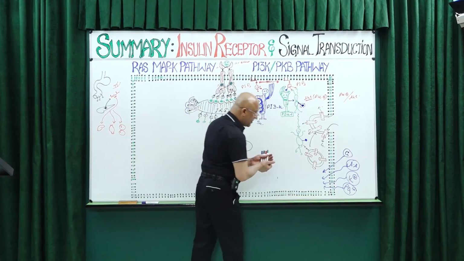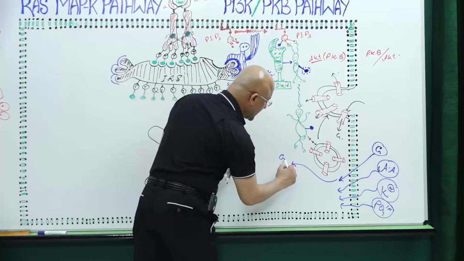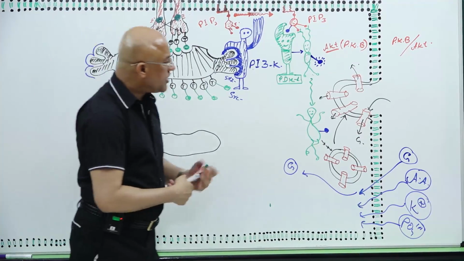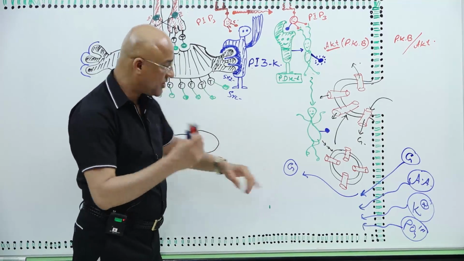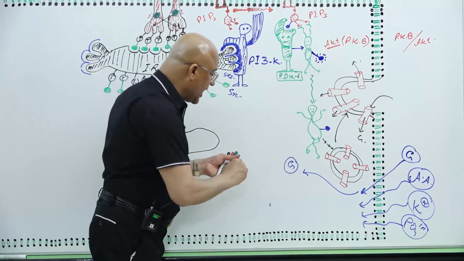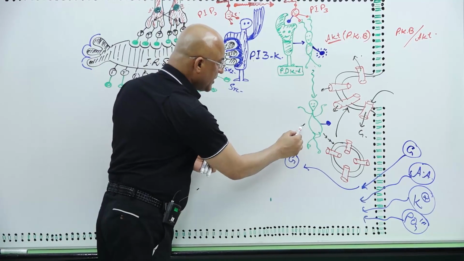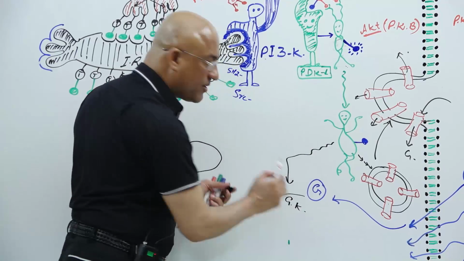After that, what will happen? Let's suppose what happens with this glucose which is coming in. Actually, especially in liver cells, Akt will now act with another function. It will activate an enzyme which is called glucokinase.